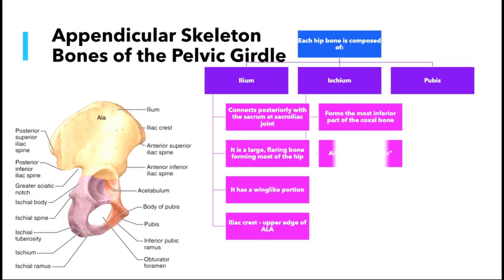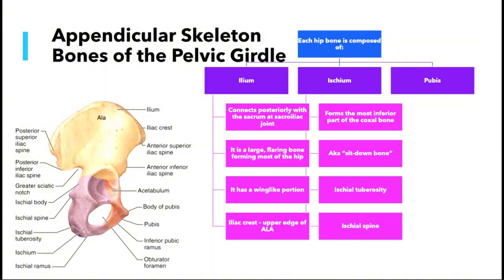You also have your ischial tuberosity. It is a roughened area that receives body weight when you are sitting, so you need to remember that. Next is your ischial spine. It is superior to the ischial tuberosity, and is an important anatomical landmark in pregnant women.